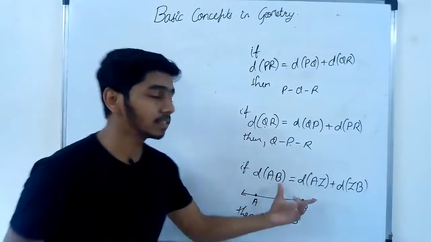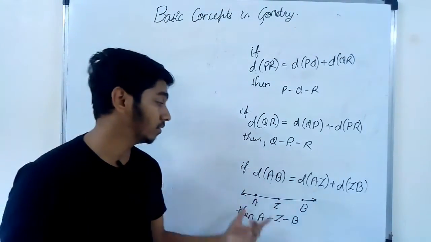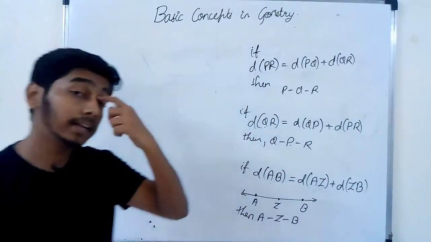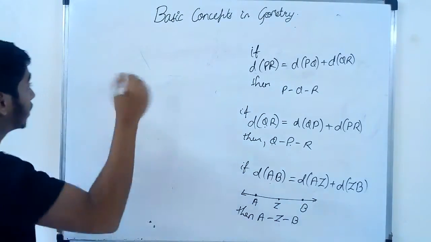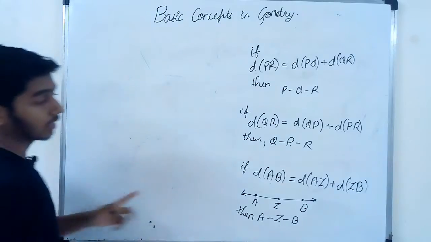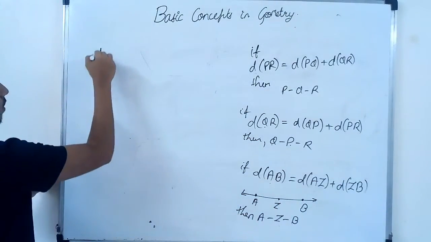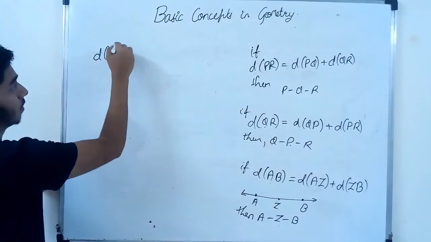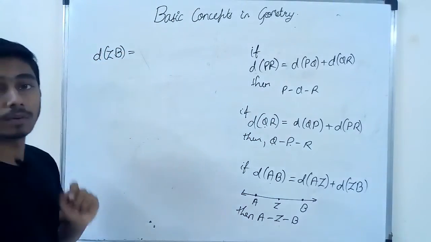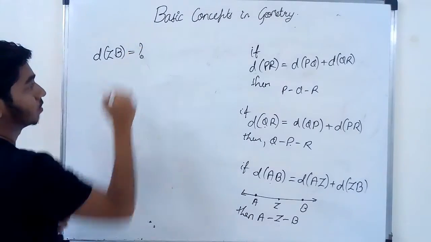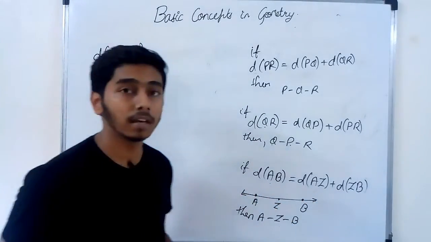Okay, let's take this example and we'll try to figure out some more details on betweenness. Now let's say in this itself, if I want to find distance ZB, which is to be found. So how can I find distance ZB?